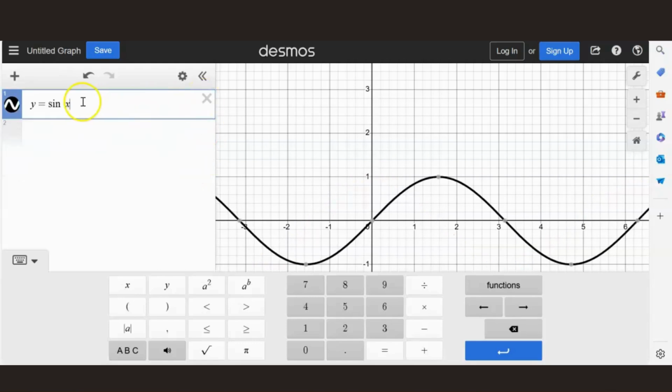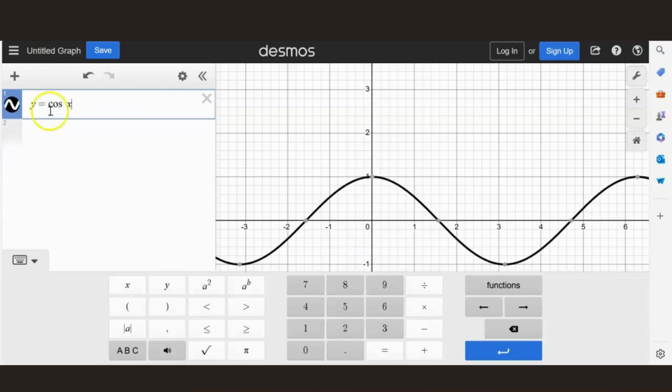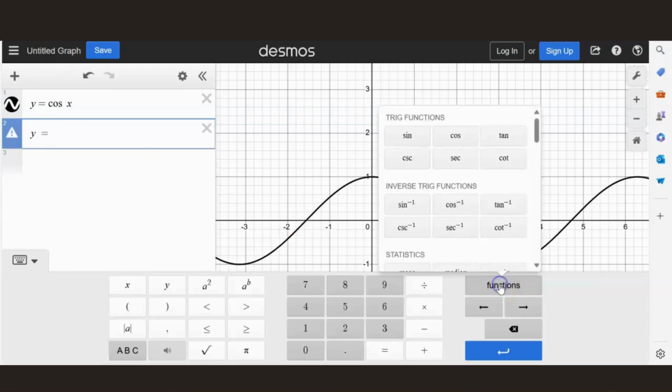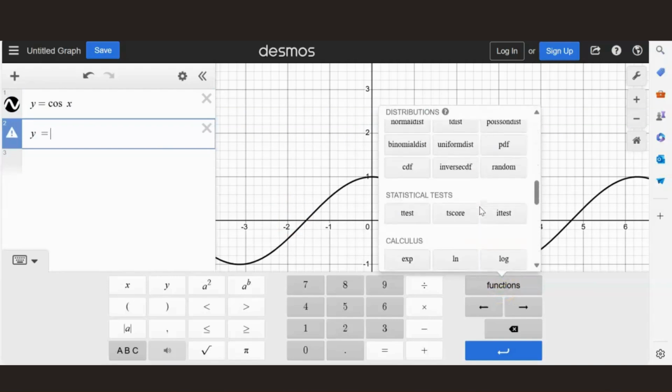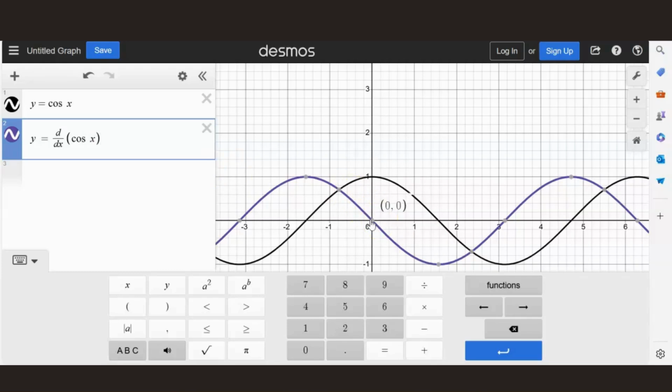All right, let's take a look at the cosine. Now the black curve is the cosine, and let's graph the derivative of the cosine. We can see the blue graph is the derivative of the cosine, and it is the sine curve with a reflection.